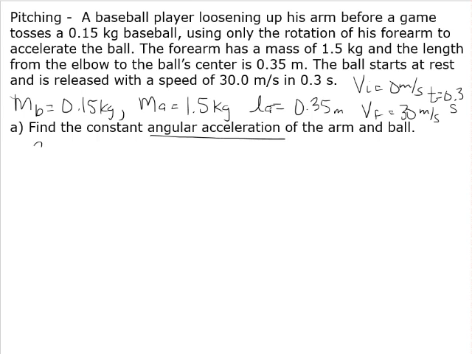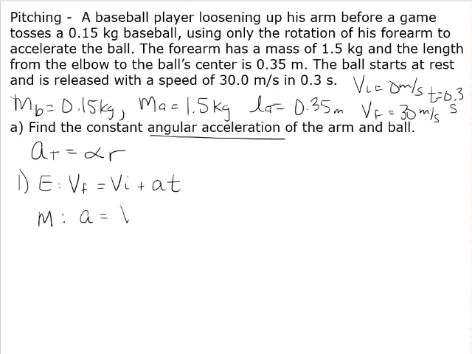To do that, we know that we're going to need to calculate the tangential acceleration, because that's equal to the angular acceleration times the radius. There are a couple of different ways to do this, but I'm going to do it in two parts. The first part is to find the acceleration. To do that, I am going to use v final equals v initial plus at, solved for acceleration.